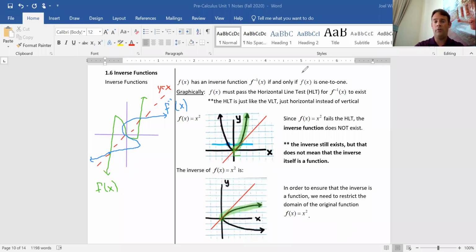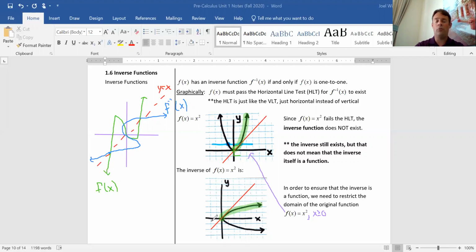So in other words, I would have said I want to deal with f of x equals x squared, but I would have done one more thing. I would have added a little parenthesis here and added such that x is greater than or equal to 0. So I'm only going to be dealing with the function from x is greater than or equal to 0.